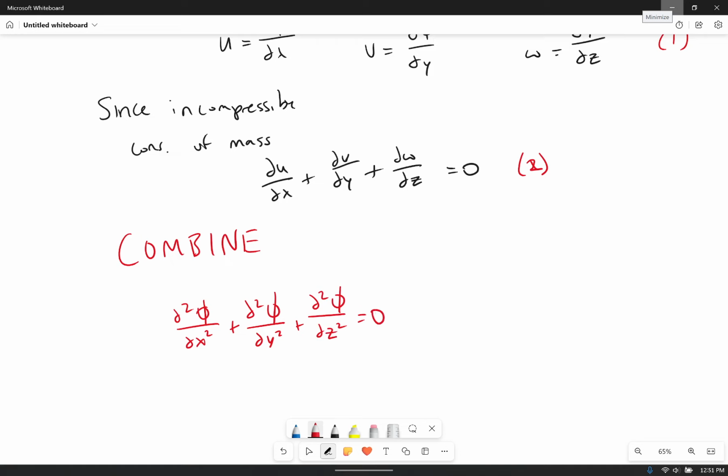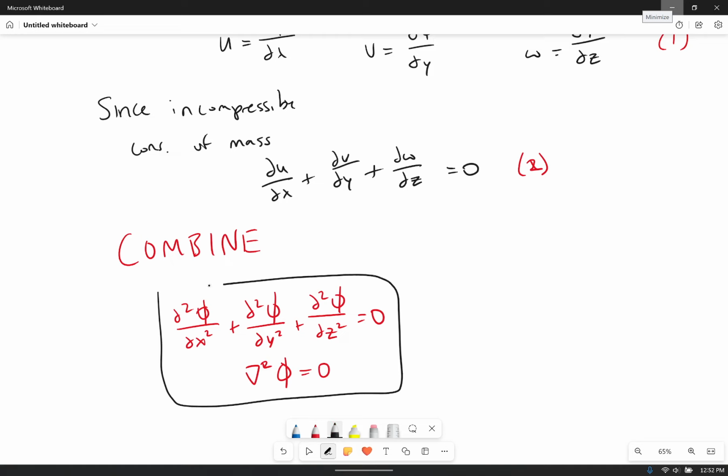Nice. That's what we wanted to see. We could also have written that as the Laplacian of our velocity potential is equal to 0. That's the shorthand version. Beautiful. This one right here is in Cartesian.